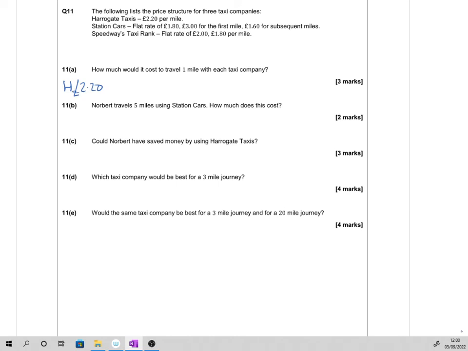Station is £1.80 plus £3, which equals £4.80. And Speedway is £2 plus 180, which is £3.80.